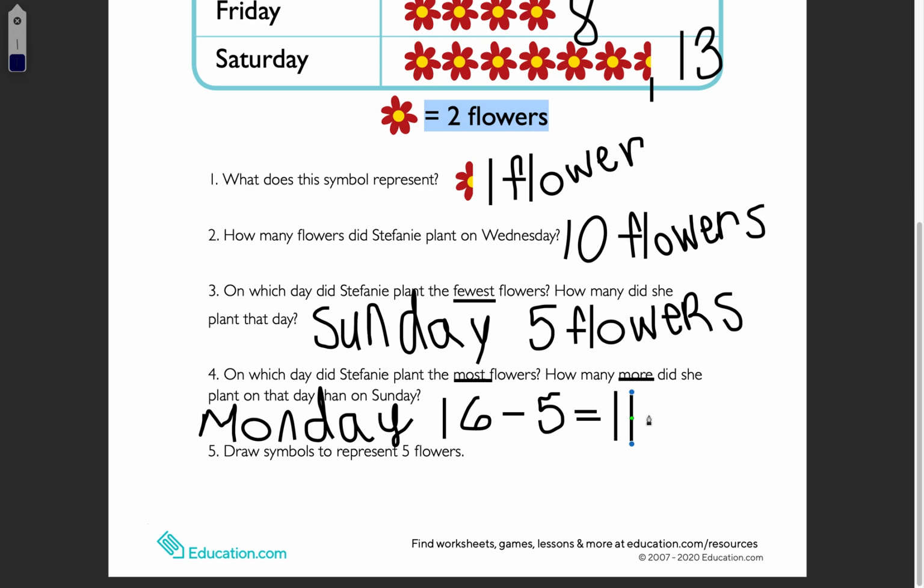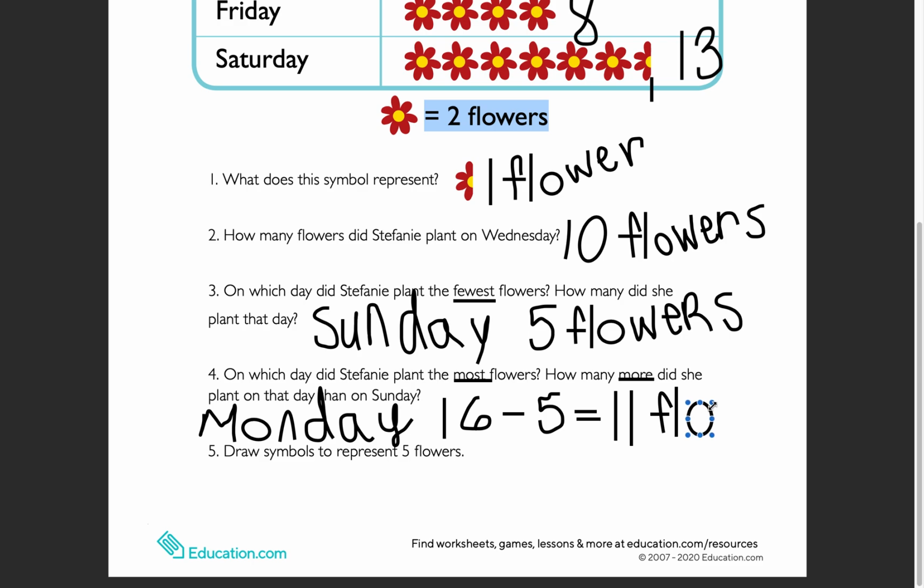So my answer is 11, right? Kind of, right? What am I forgetting? What did all my other answers have? What is it? Say it if you know it. A label, right? Absolutely. We cannot forget labels. So important in 2nd grade.